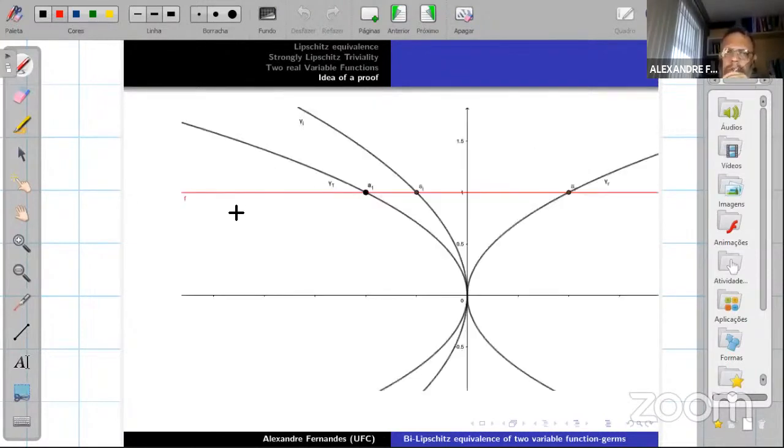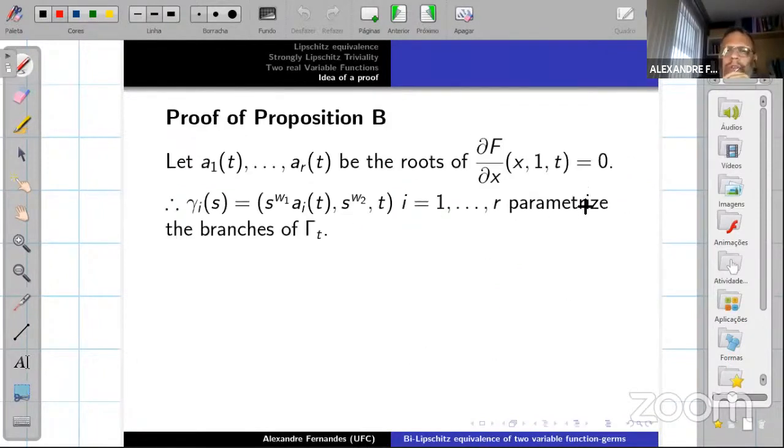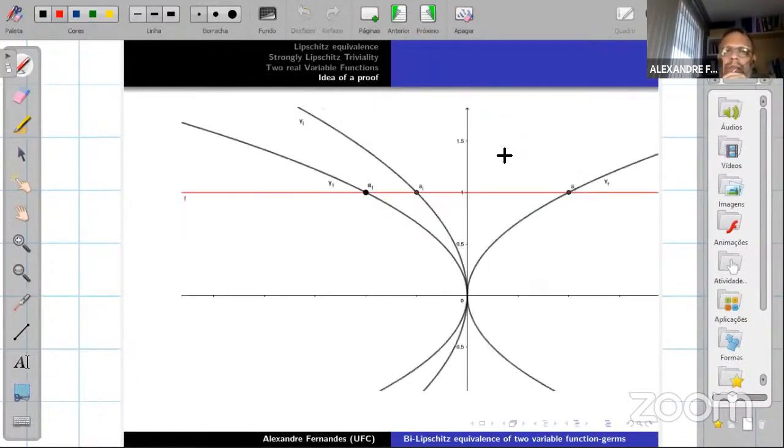In this way, we intersect our polar set with a line, y equal to 1, and you take roots of this equation. For each root of this equation, you take the weighted homogeneous action, then you have a parametrization of our polar sets.